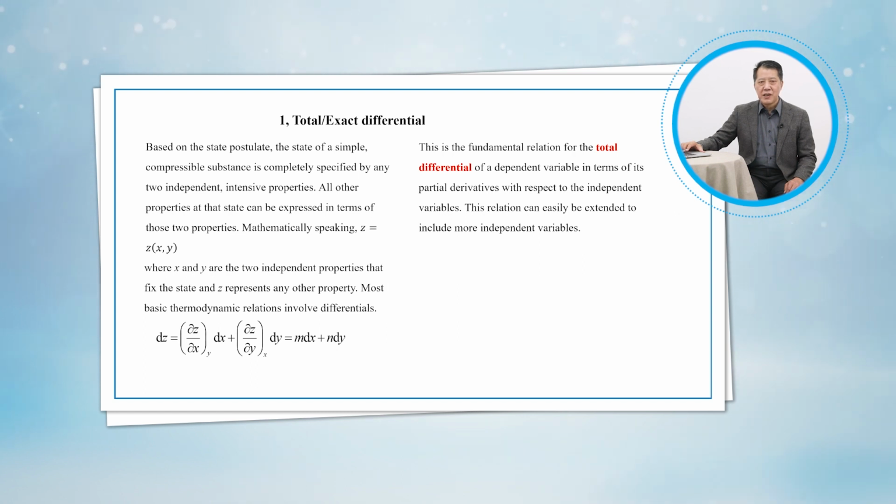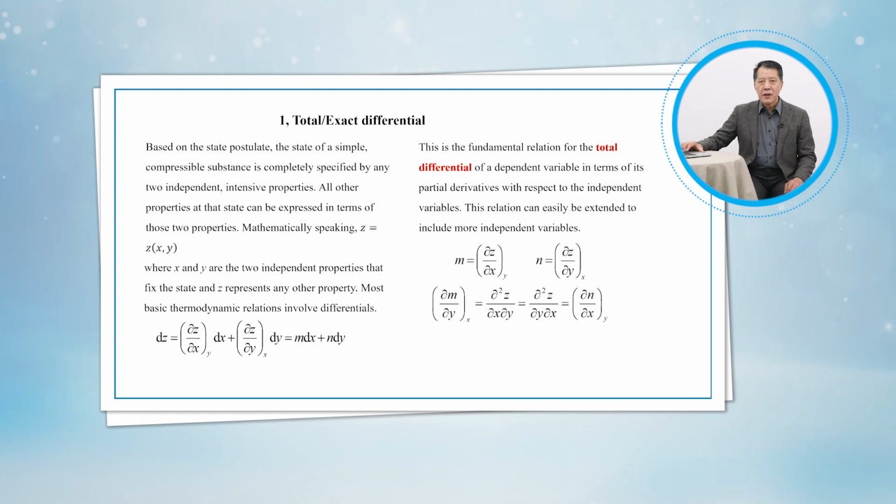This relation can easily be extended to include more independent variables. If the coefficients m and n have continuous first partial derivatives, the order in which a second partial derivative of the function z is taken is immaterial.